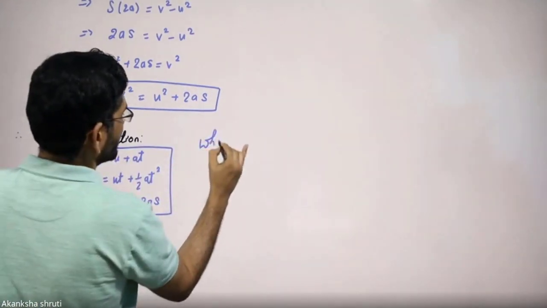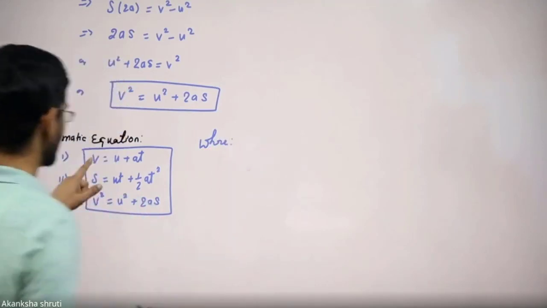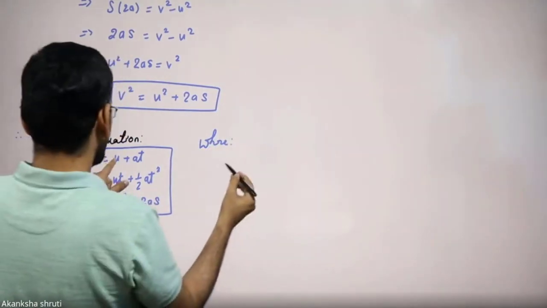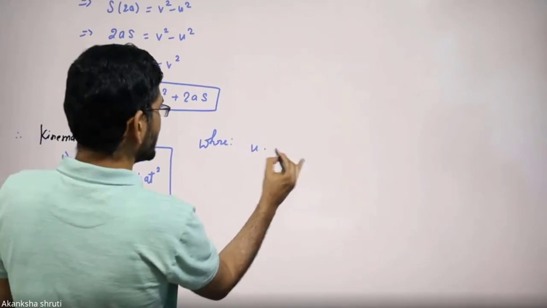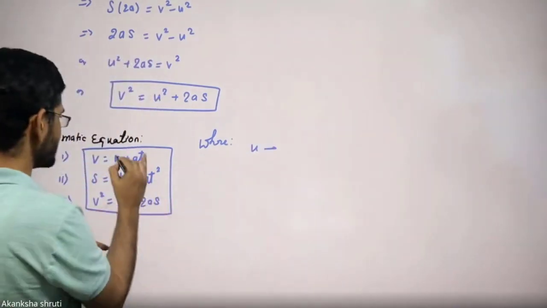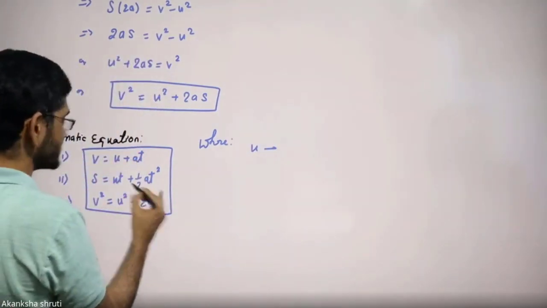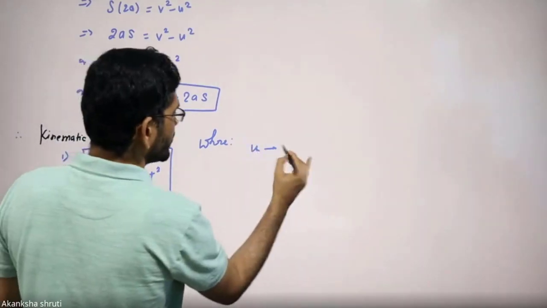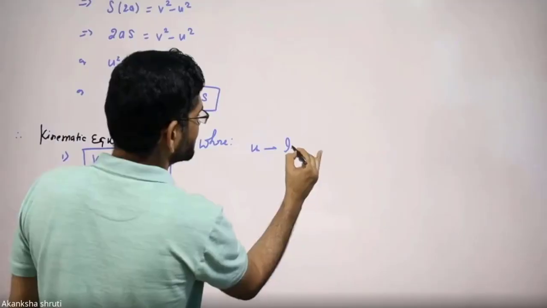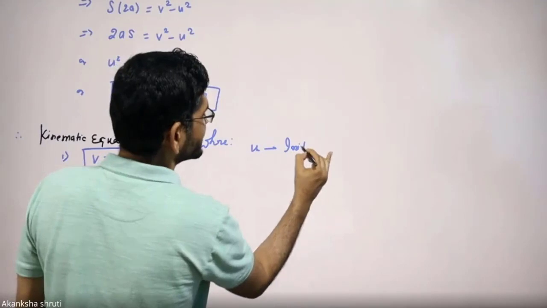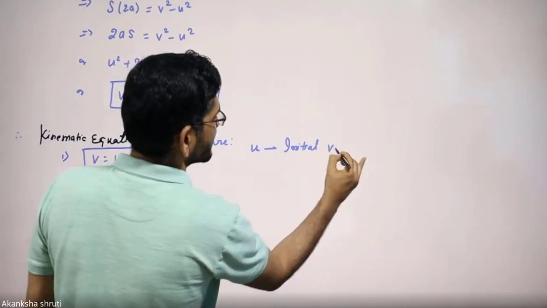Now, what do these symbols represent, students? That is more important. Starting with u, wherever u is anywhere in these equations, u denotes your initial speed. Rather, it is initial velocity, that is the better term.